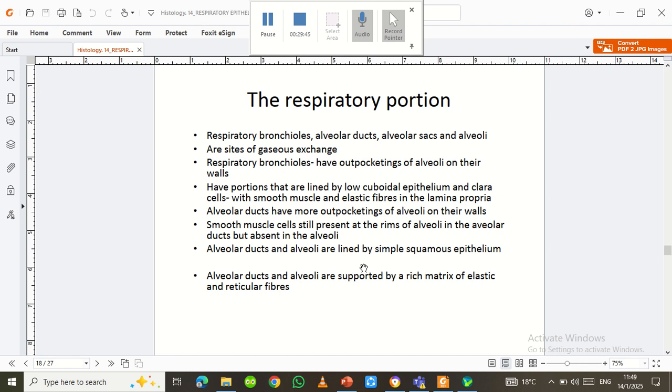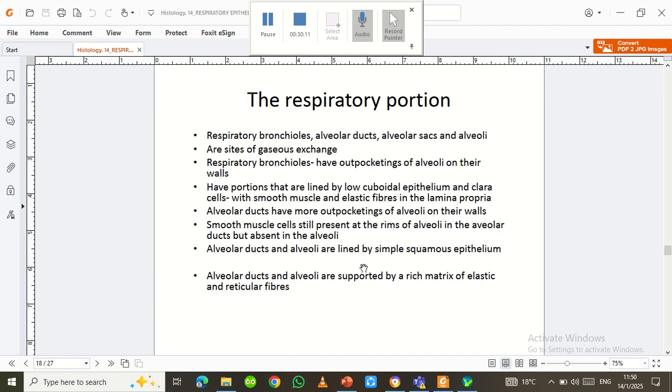The respiratory bronchi are going to have outpocketing of alveoli on their walls, right? And then you're going to have low cuboidal epithelia which is ciliated, with absence of glandular tissue, but abundance of Clara cells, which we said are responsible for surfactant secretion.